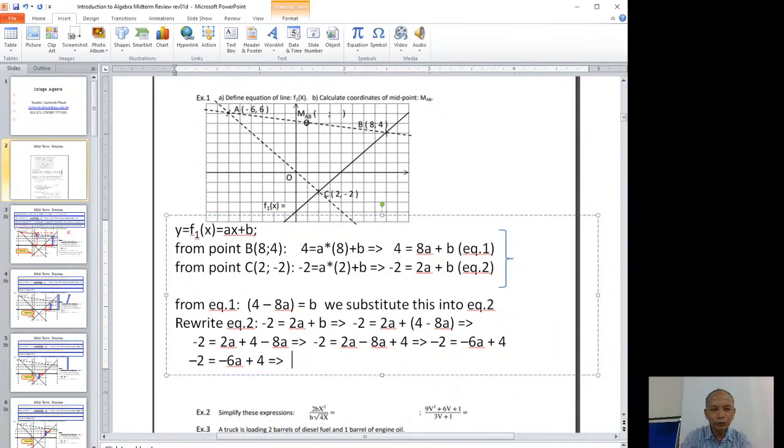So negative 2 here again, and this is 4 here.